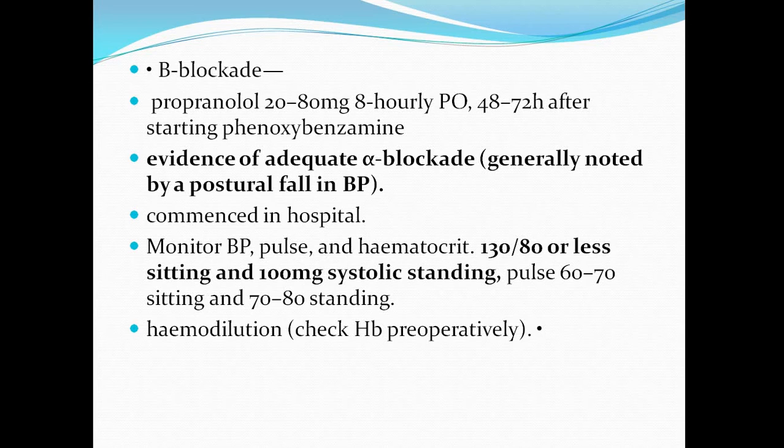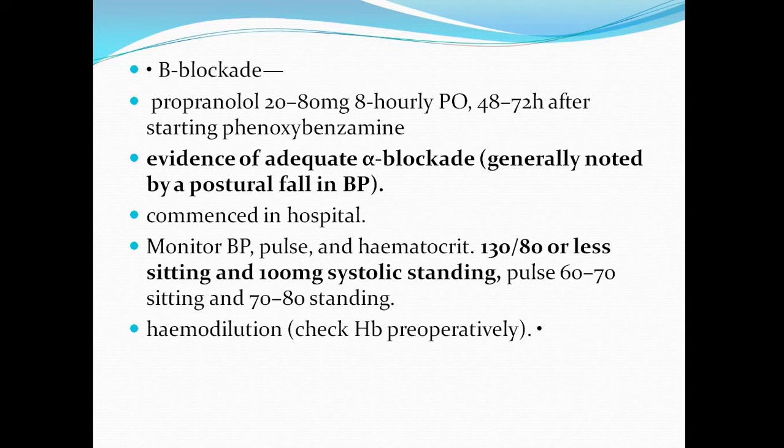So you can see that it produces a 30 millimeter BP fall, and the pulse is 60 to 70 and 70 to 80 respectively in the sitting and standing positions.